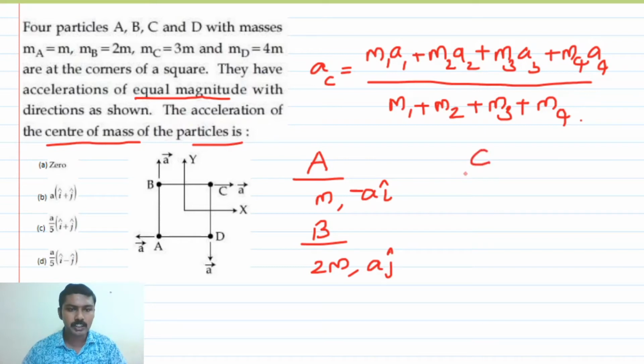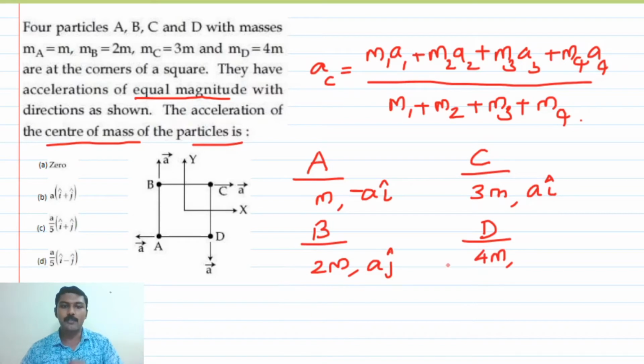Similarly, at point C, the mass is 3m with its acceleration along the x direction, that is plus a i cap. Similarly, at point D, the mass is 4m with its acceleration along the negative y-axis, so the acceleration is minus a j cap.